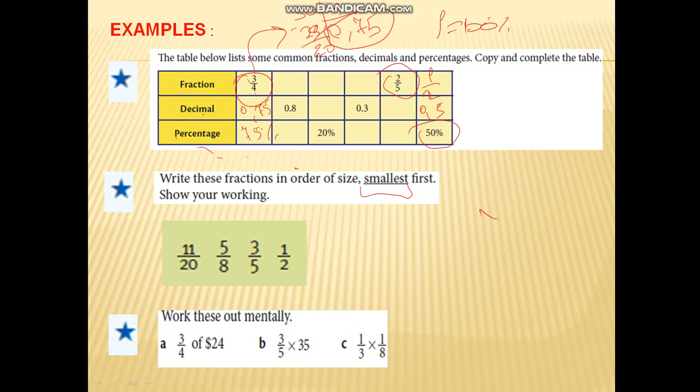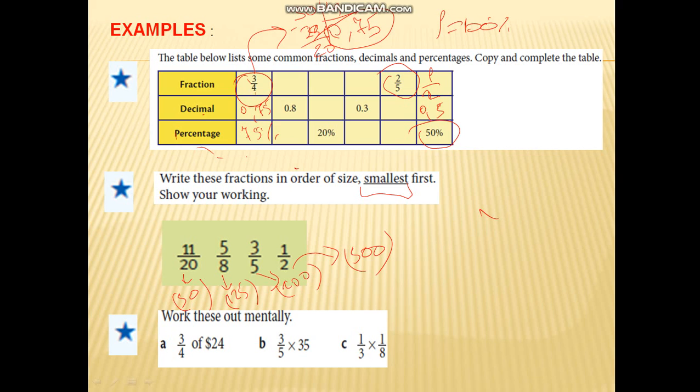So we have 11 over 20, 5 over 8, 3 over 5 and 1 over 2. What's the common denominator? Like 1000, because 8 is not a factor of 100, but it is a factor of 1000. I multiply 5 over 8 by 125, 3 over 5 by 200, 1 over 2 by 500, and the first one by 50.